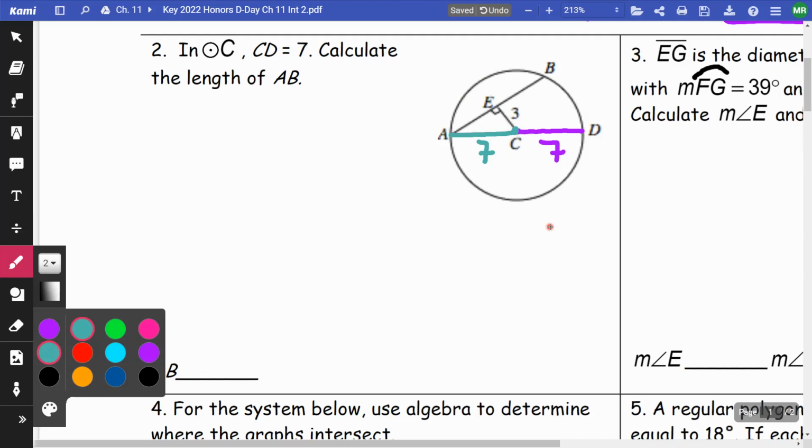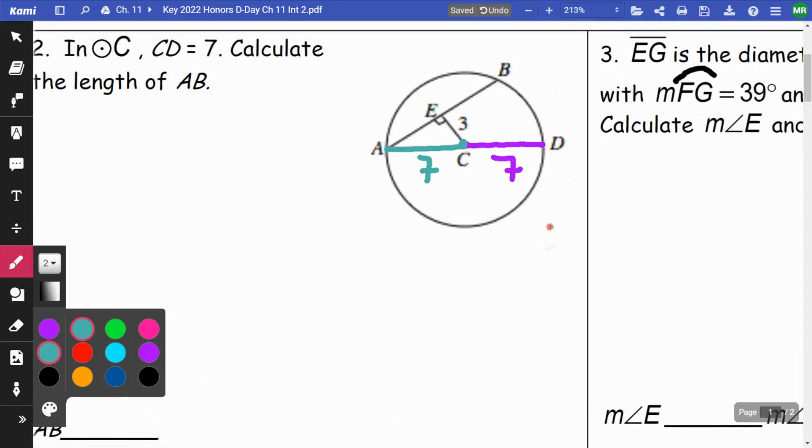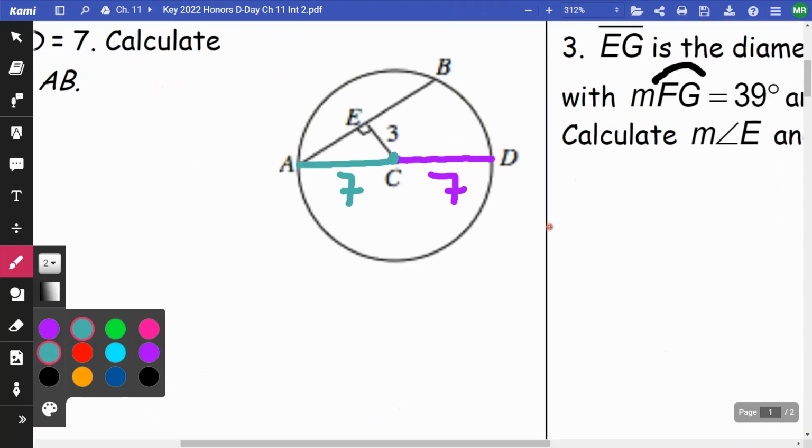Something else I know is that when I have a chord, and the chord I'm trying to find is this chord right here, I want the length of A to B. But when that chord is being intersected in a perpendicular manner, as it is with this FC here, it ends up being a perpendicular bisector. So this and this are going to be the same.